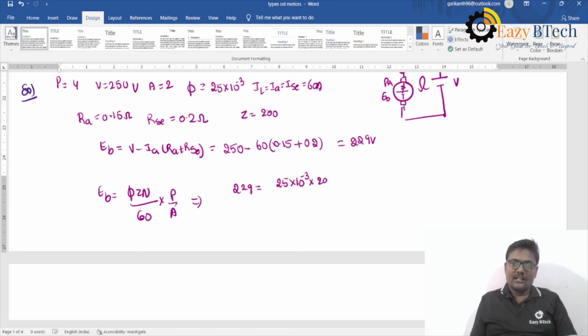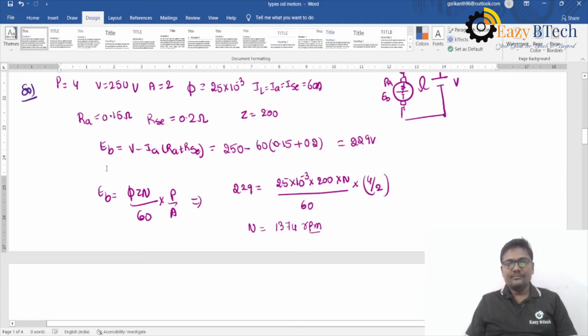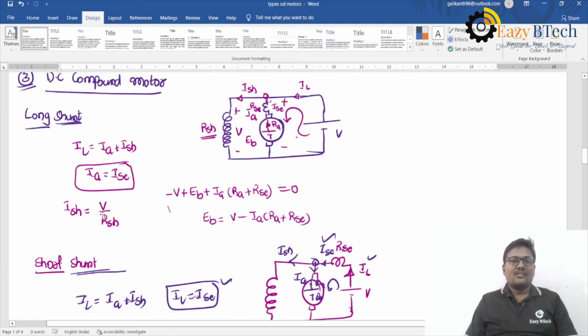So 200 into speed, which I have to calculate, divided by 60, into number of poles 4 and parallel paths 2 for wave winding. Then I got the speed as 1374 RPM.